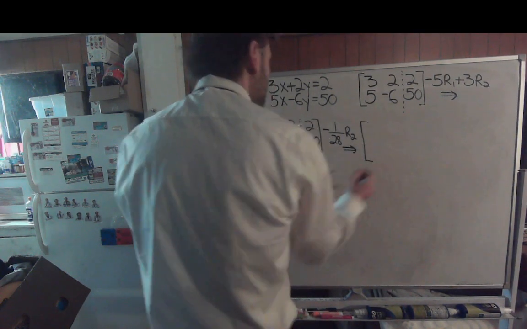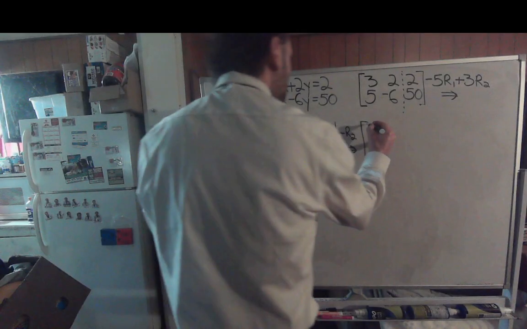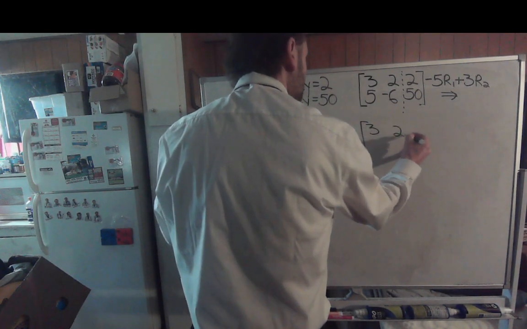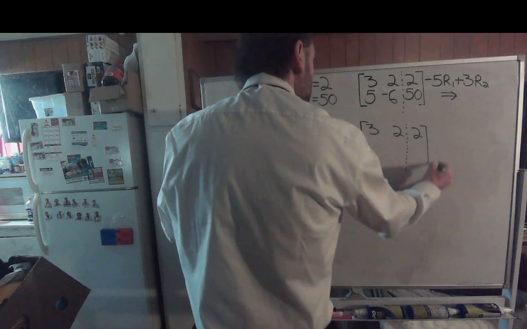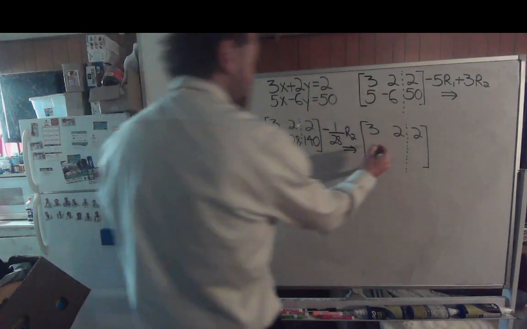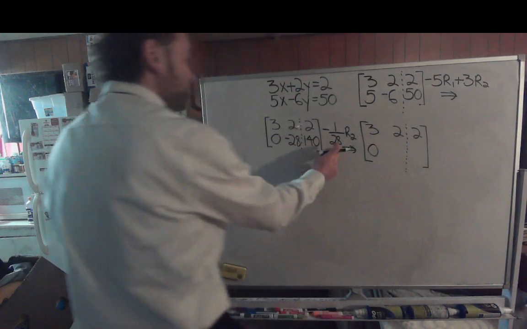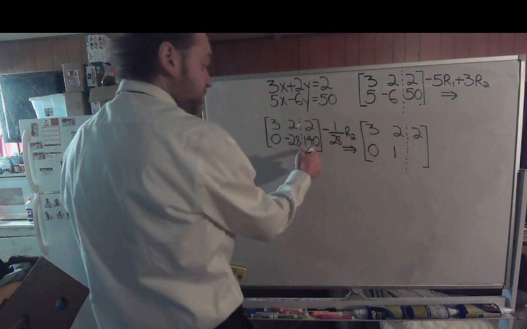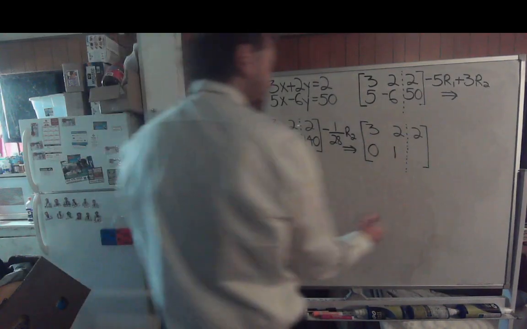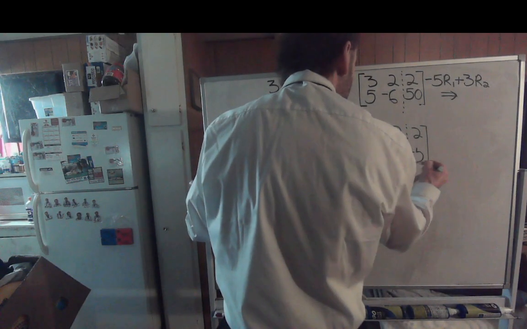If we do that, you're going to still leave row 1 alone for the time being. So negative 1/28 of 0 is still 0. Negative 1/28 of negative 28 is 1. Negative 1/28 of 140 would be negative 5.